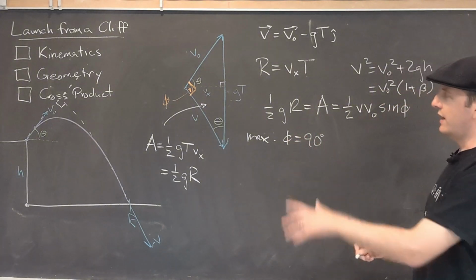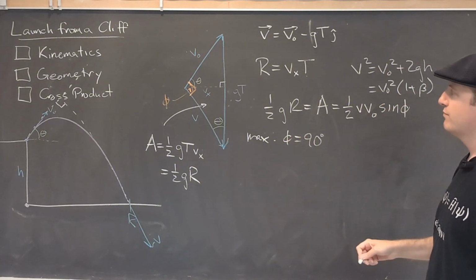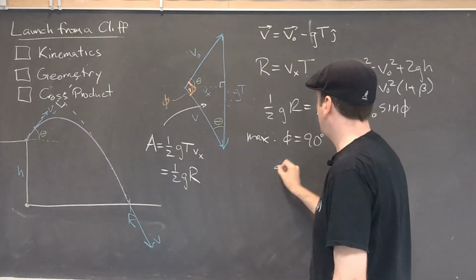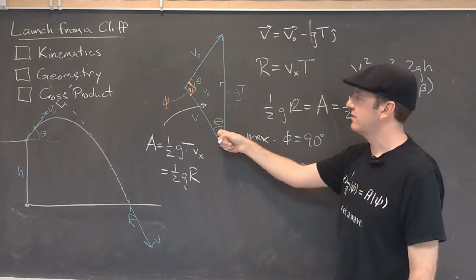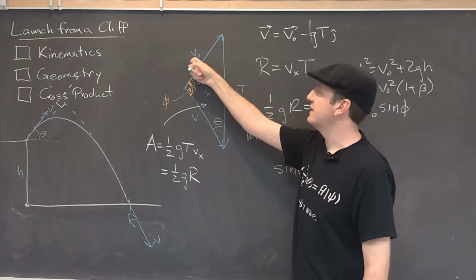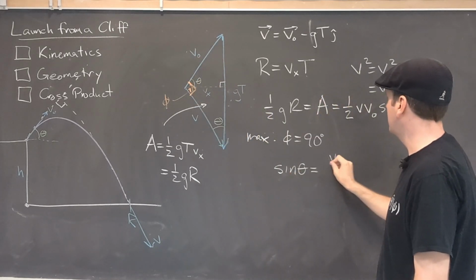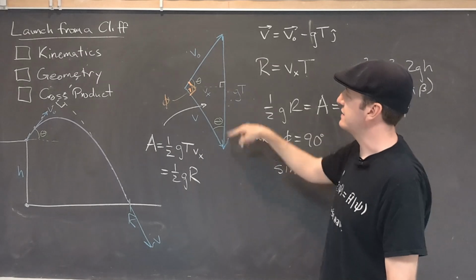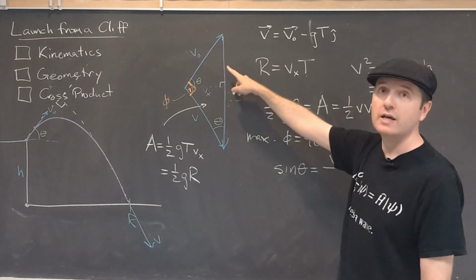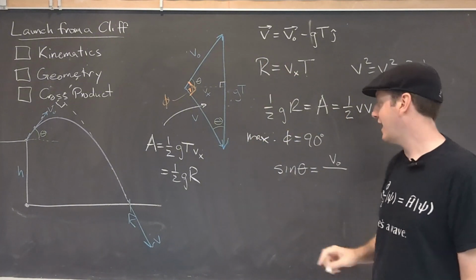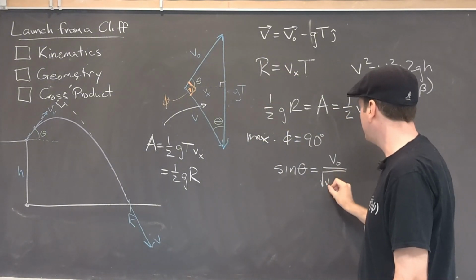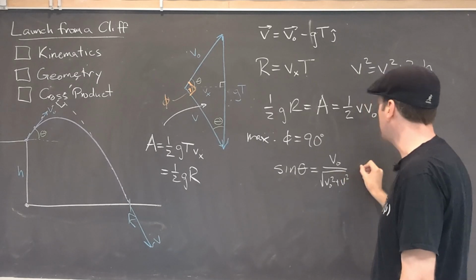So if we use some trig here, I can write down that sine theta, using this smaller angle here, will be opposite, that's V naught, over adjacent, over hypotenuse. Now this hypotenuse GT is also given by the Pythagorean theorem, square root of V naught squared plus V squared.